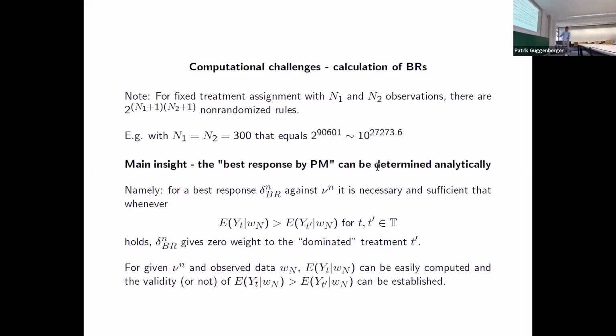So here's the main insight of the paper, and I admit it's completely trivial, but nobody has pointed that out before. So the main insight maybe of the first paper is that the best response by the policymaker can be determined analytically.